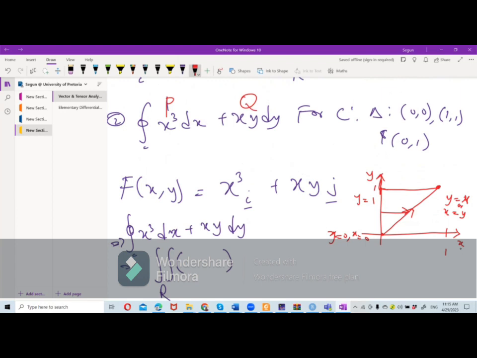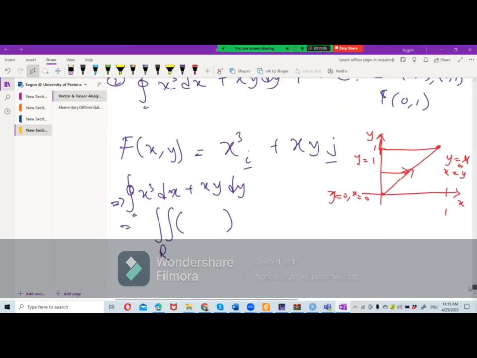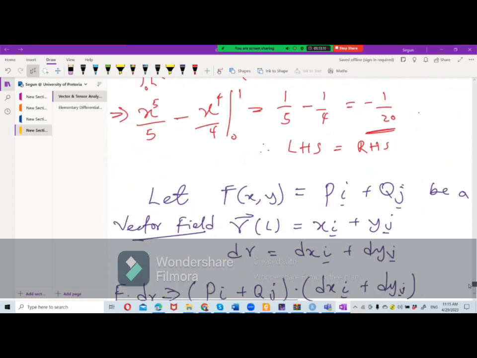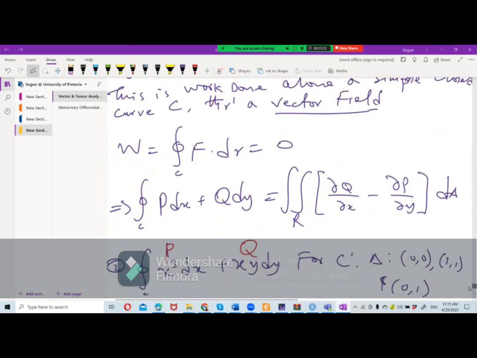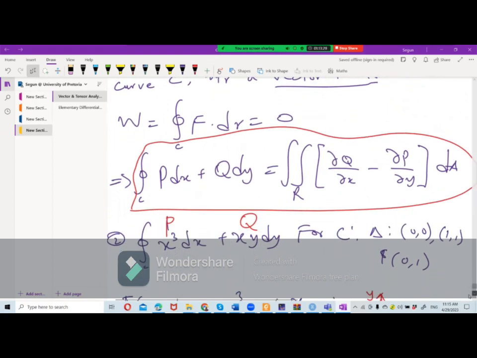So use the formula to solve it. Use this one to solve it. So what do you have? It's very simple. Anybody? Good.